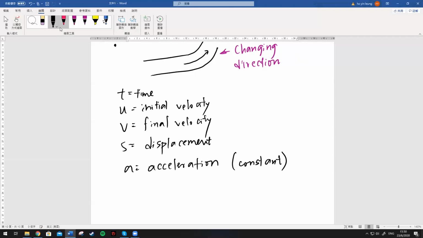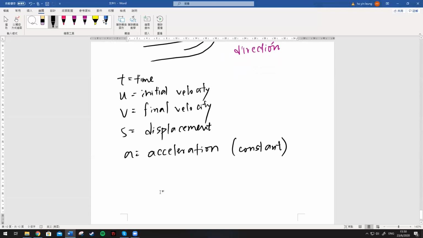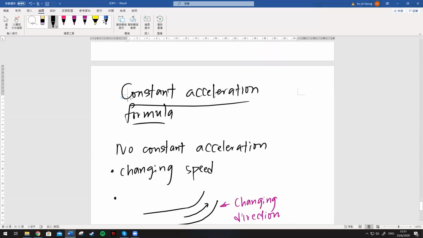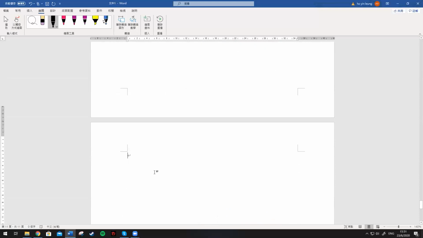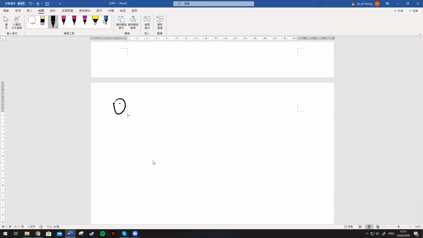All right, once we have these notations, there are actually 5 formulas which relate these quantities. Let's look at them one by one. The first equation is V equals U plus AT.